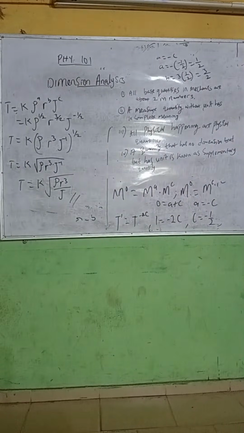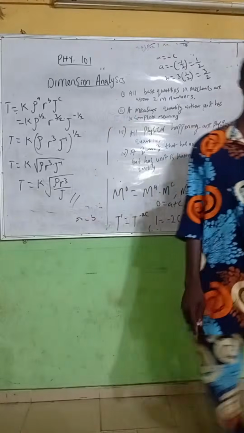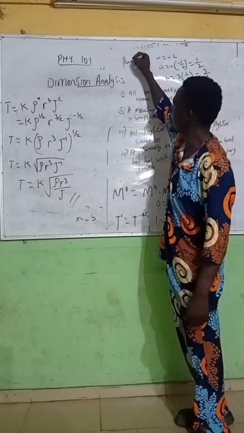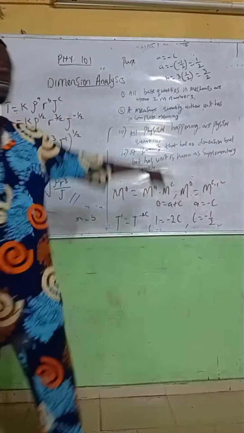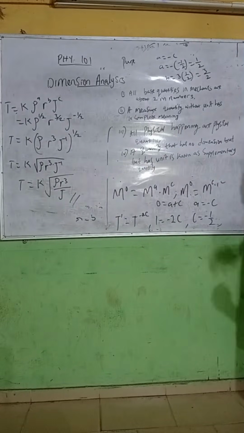It's not meaningless, just incomplete. A quantity without unit is also called a pure number. So pure numbers are not meaningless, they are incomplete. Take note of that. So statement 2 is true, statement 1 is false.